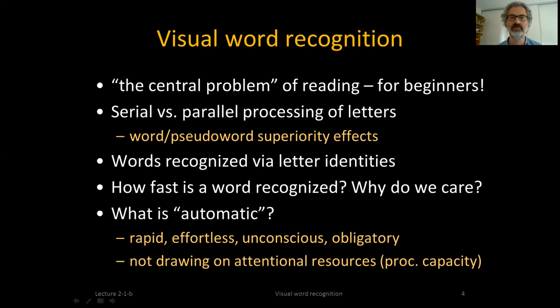Before getting to the example, let me also mention a different conception of automaticity that has to do with resources. So how much of your mental resources you devote to a task. According to this view, an automatic process is one that doesn't draw on common resources, which means that there is capacity left for doing other things.